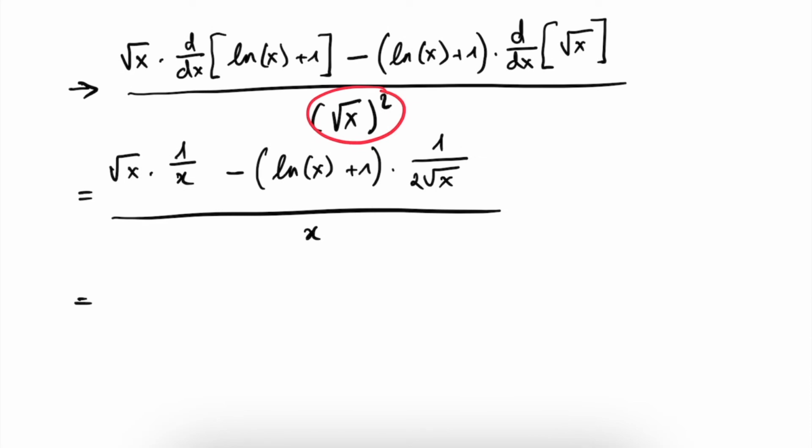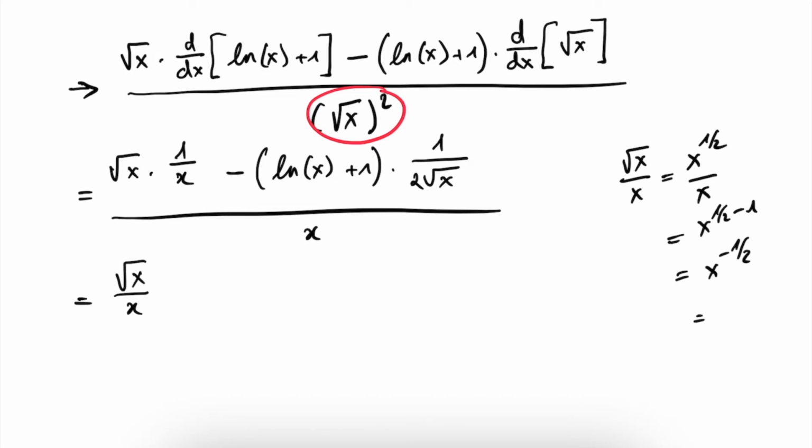So let's now just rewrite this. We have the square root of x divided by x. Let's see what this actually means. The square root of x divided by x is equal to x to the power of 1/2 divided by x. This is just equal to x to the power of 1/2 minus 1, which is x to the power of minus 1/2, which is 1 over the square root of x.